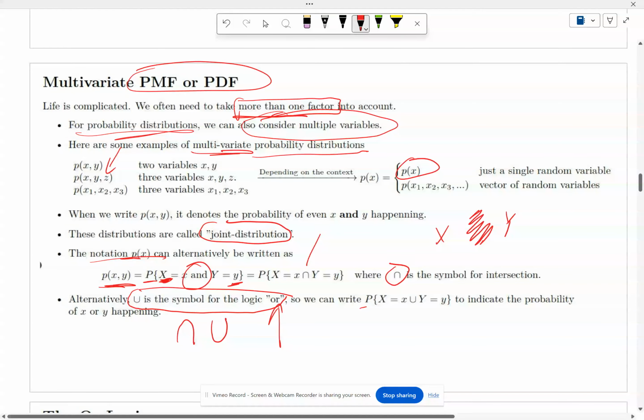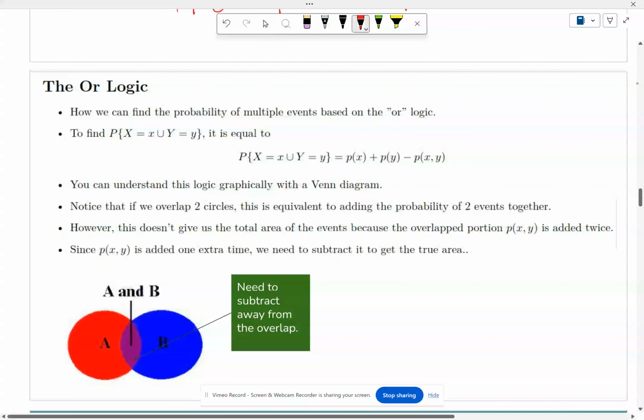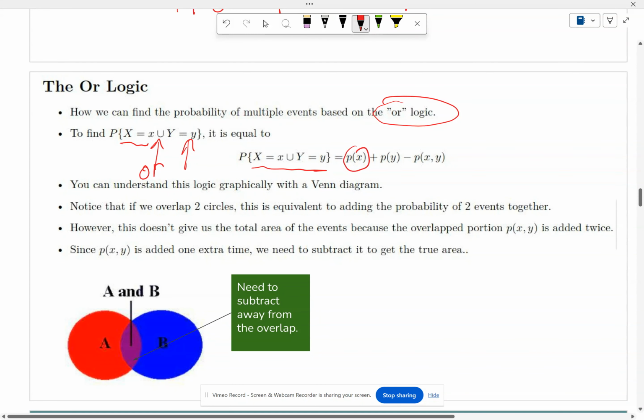So we can write: what is the probability of x happening or y happening? Now, with the 'or' logic, we can also find a probability. If we want to find, for example, the probability of x happening or y happening, let's use the Venn diagram.